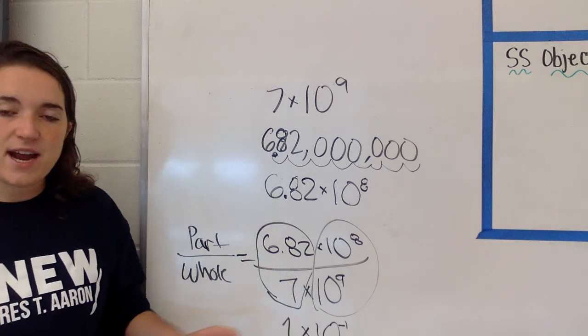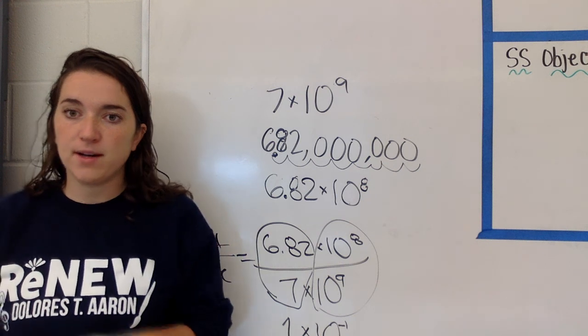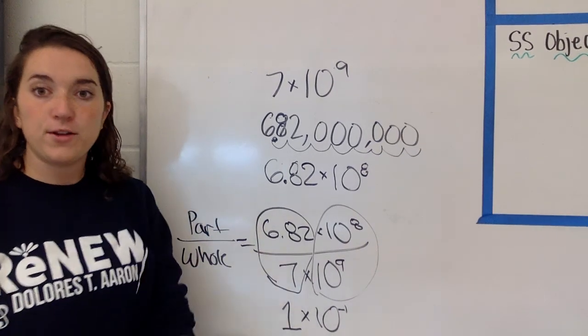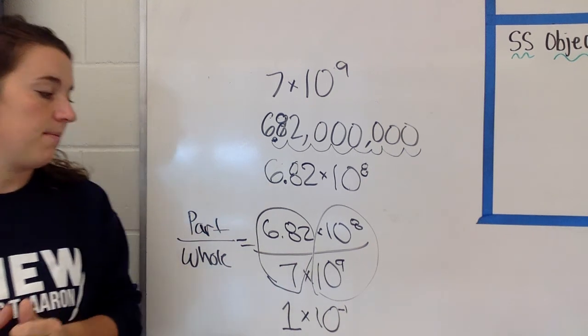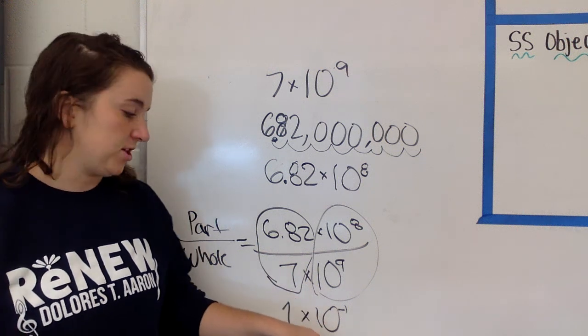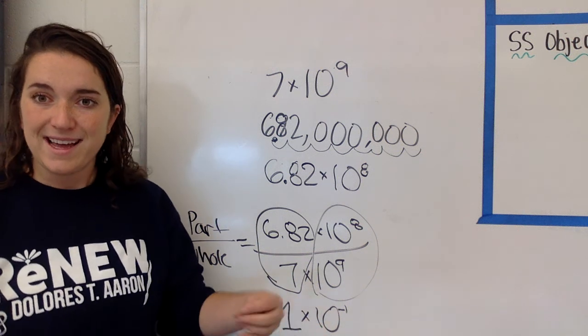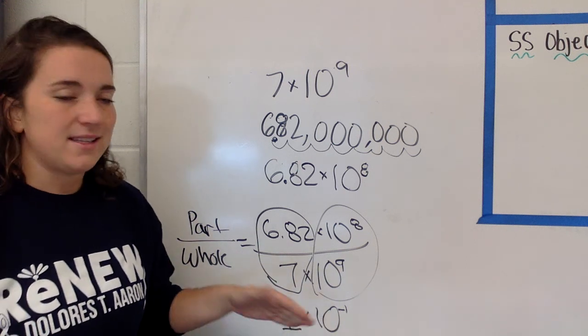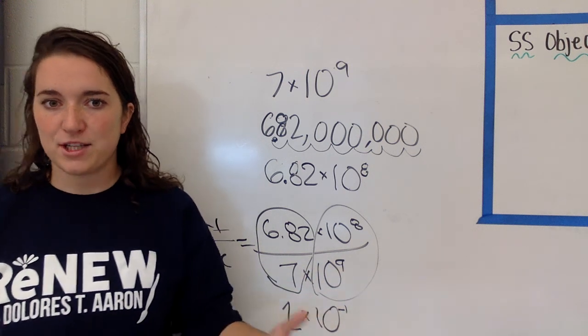Okay, so now that I have 1 times 10 to the negative first power, I still need to convert this into a percent. So I'm going to convert this back into standard form. Is this going to be a bigger number or a smaller number when I multiply it by 10 to the negative first power? Yeah, it'll get smaller. Why? Because a negative exponent means a fraction, which means division.